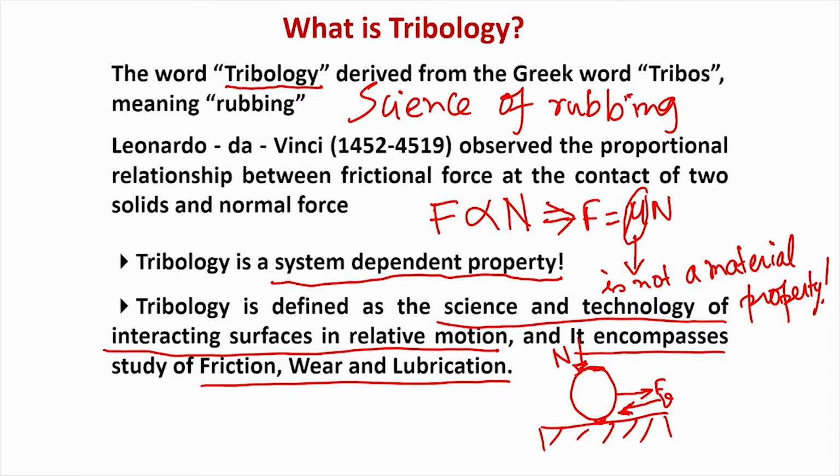Essentially, you can consider that one solid is stationary and another solid is in relative motion. So, there is relative motion between two solids, that is, one is a sphere and one is a flat body.